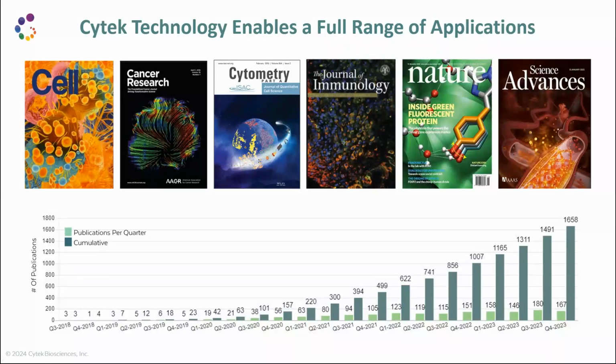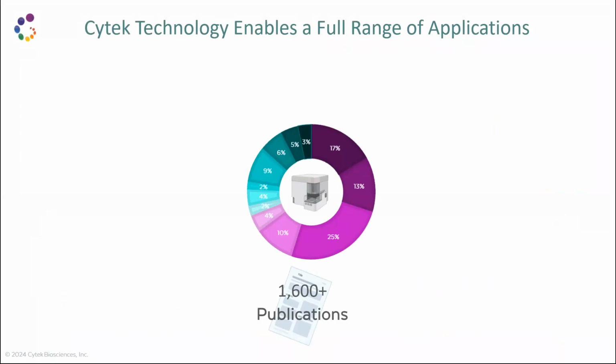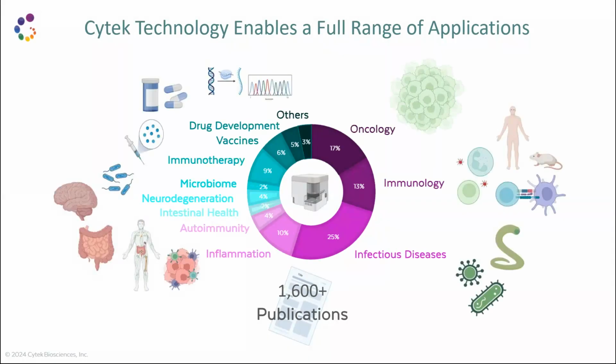What we have also seen is that those different applications and publications cover different fields. If I show you the distribution, most of the publications are in immunology, oncology, infectious disease, a lot of emphasis in drug development, prevention as well with vaccination, but a variety of things that customers can do with the instruments and a variety of needs in terms of the workflows that need to be implemented in the software.